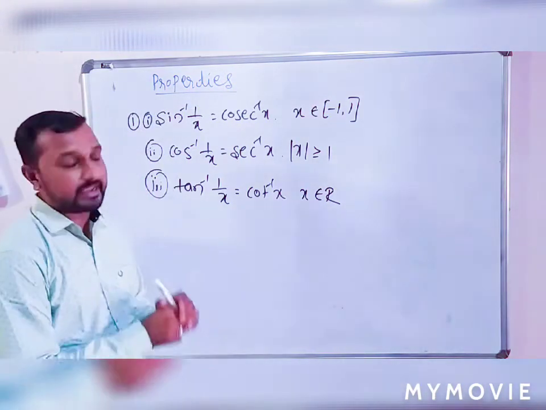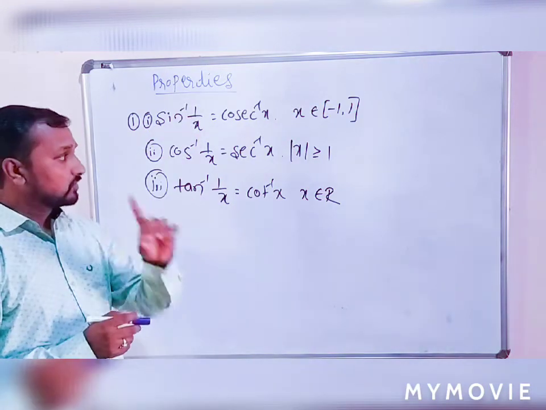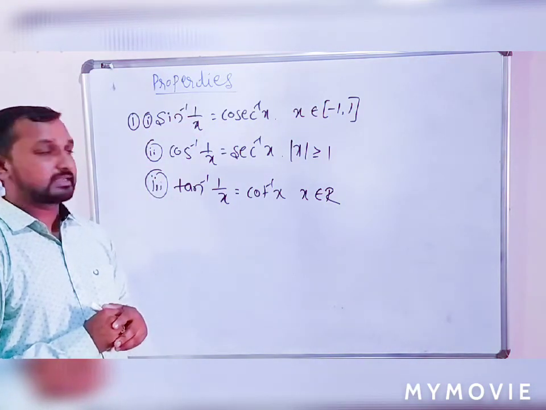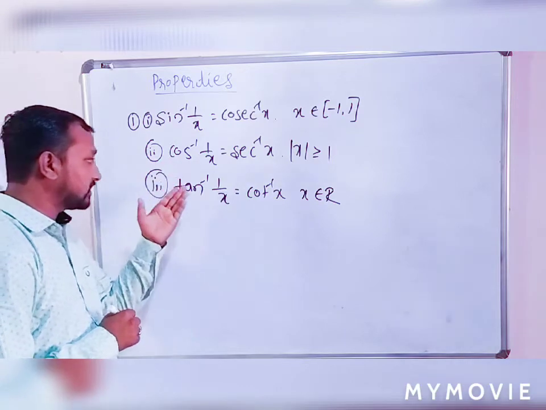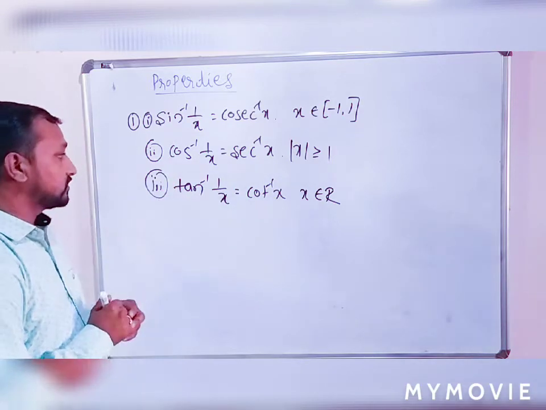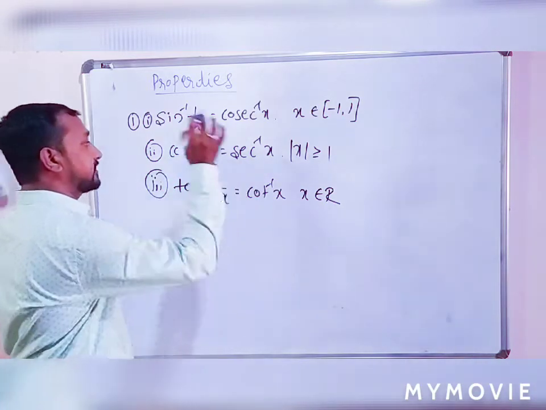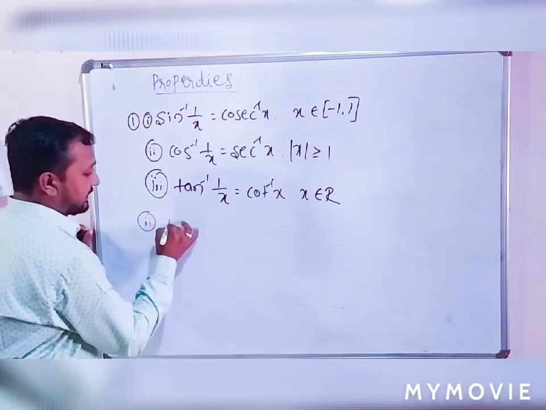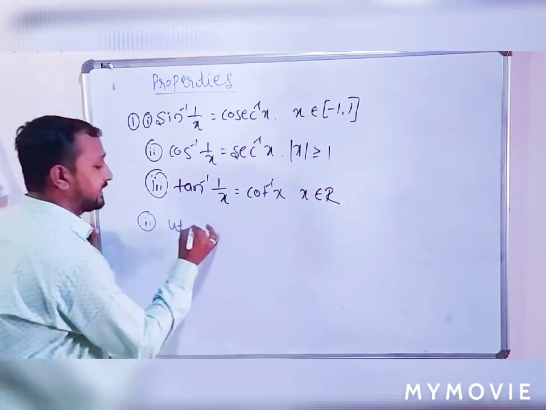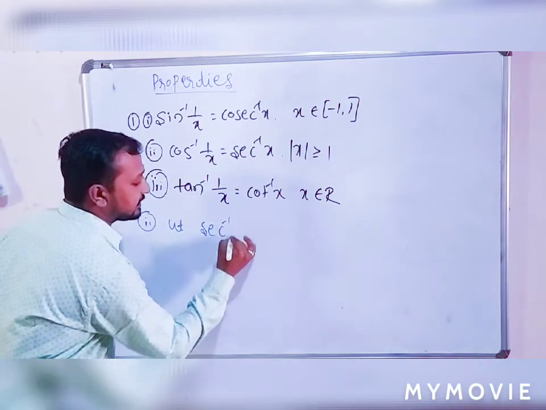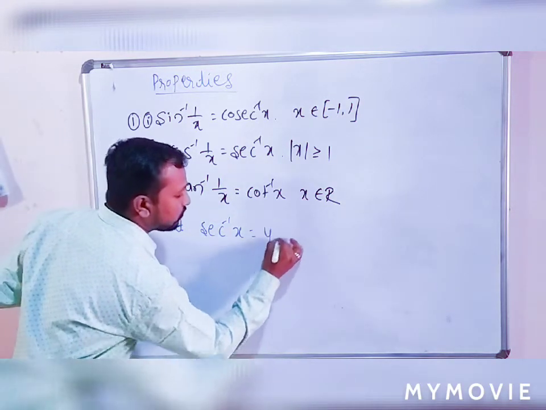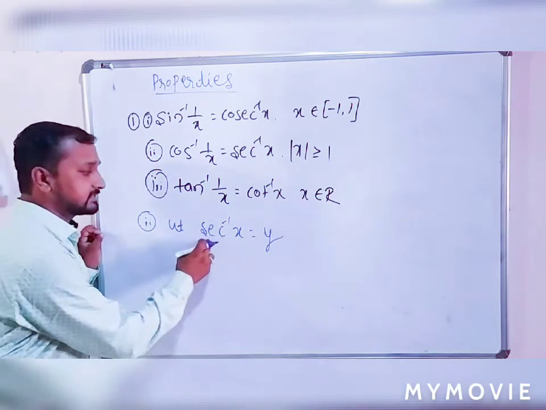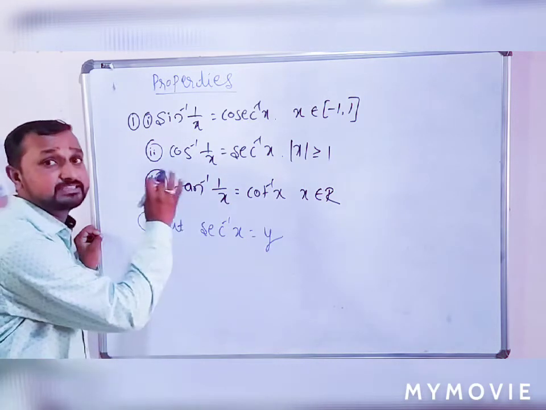In these 3 properties, I can solve 1 property, either the first, second or third. So I will solve the second one. Let sec inverse of x be equal to y. These are very easy properties.